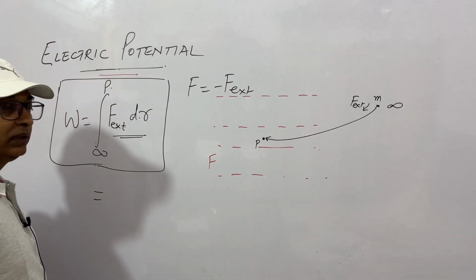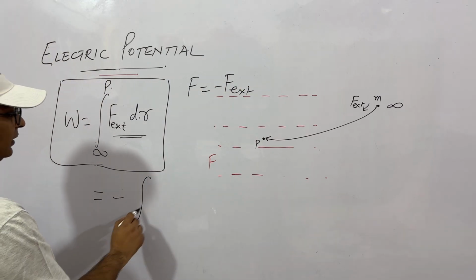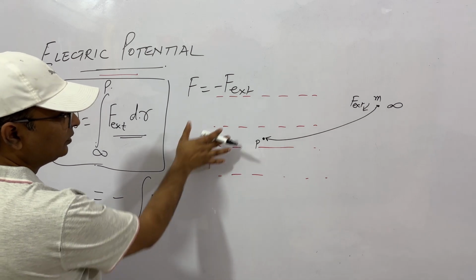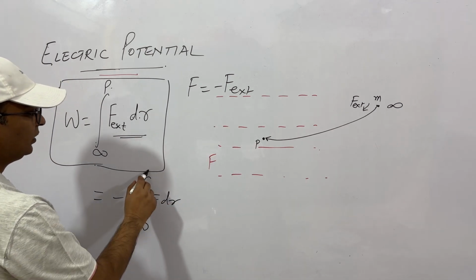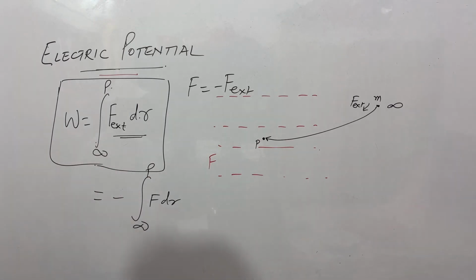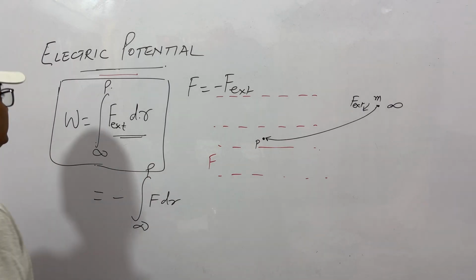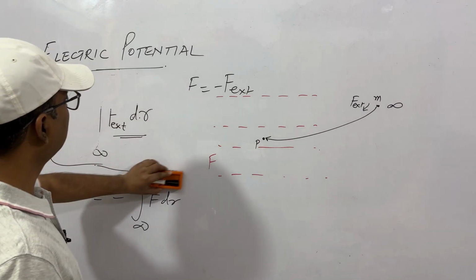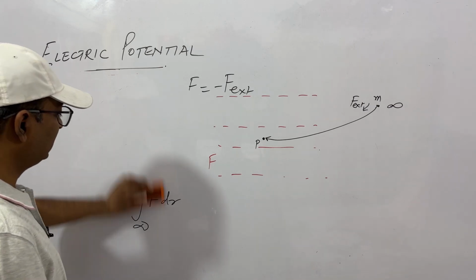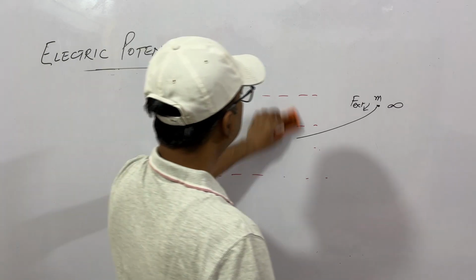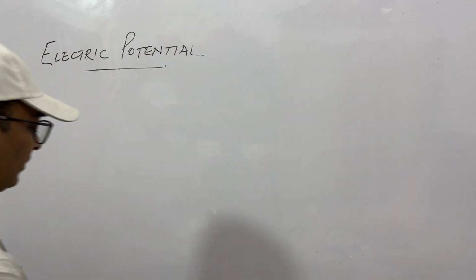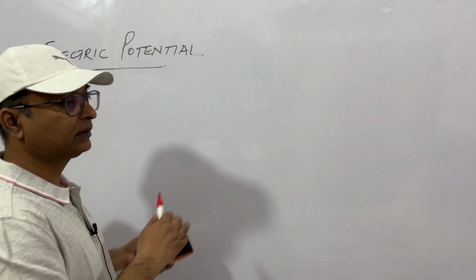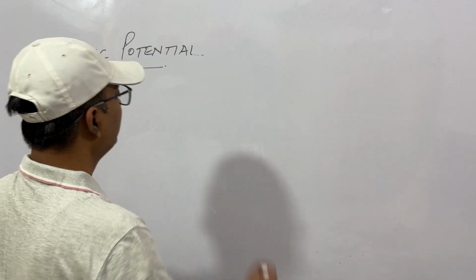The direction will only be opposing, so it is minus F in F dr from infinity to this point P. This is the work done. All of you must have studied mechanics, work, and energy.